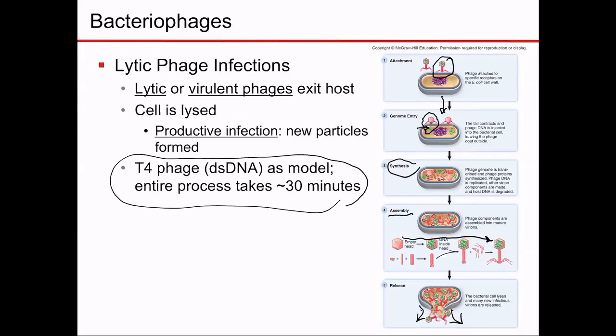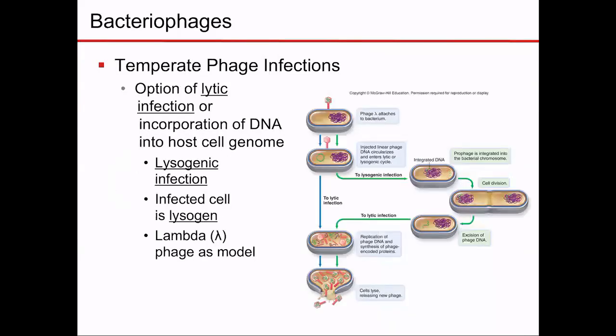Let's take a look now at the second group of viruses that I mentioned, the temperate phage infections. Temperate phage means it may react in different ways depending on the conditions. A temperate phage is a virus that has 2 options.